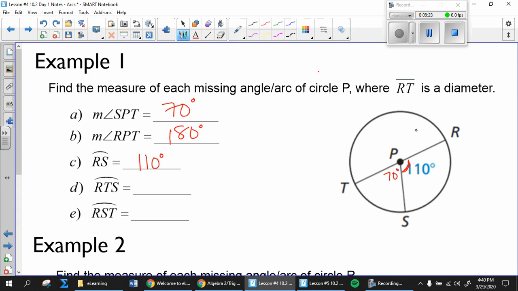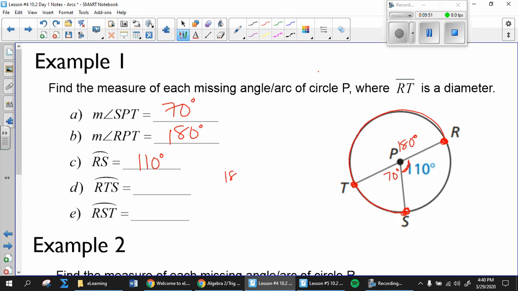Next one, arc RTS. Again, we have to go from R to T, so all the way around here, down to S, so down to here. So what I want to think about here is from R to T, that's a semicircle. So we know that's 180 degrees. And then from T to S, we add on another 70 there.